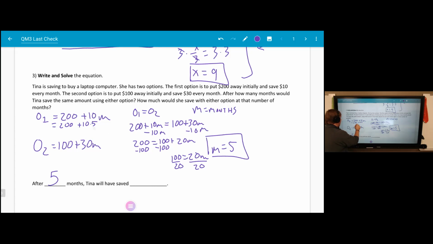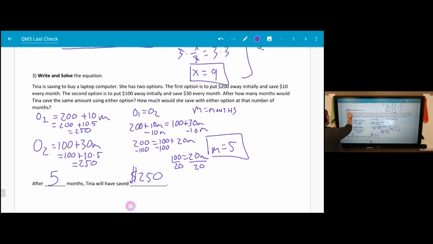So 200 plus 50 is 250. Let's make sure that works for option 2 also. So this would be 100 plus 30 times 5. 30 times 5 is 150. If I add those together, I still get 250. So after 5 months, Tina will have saved $250.